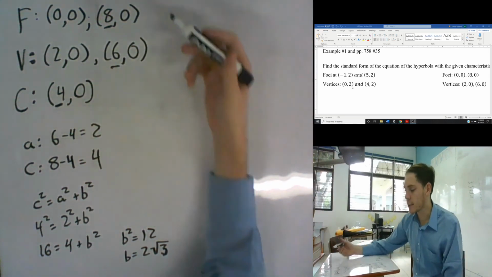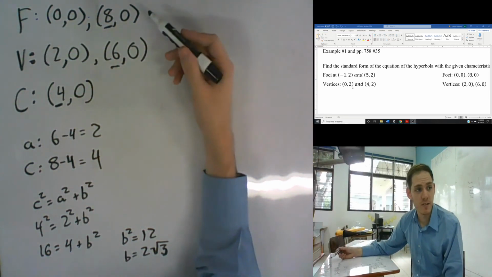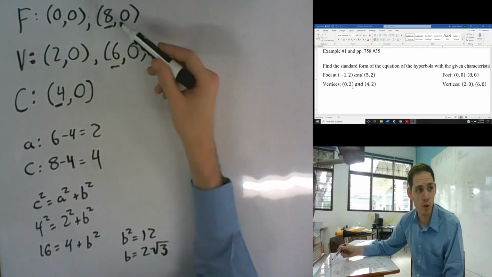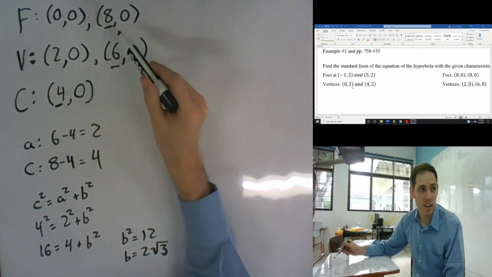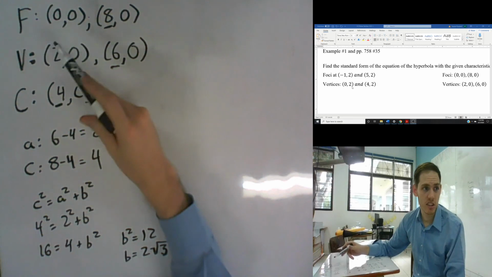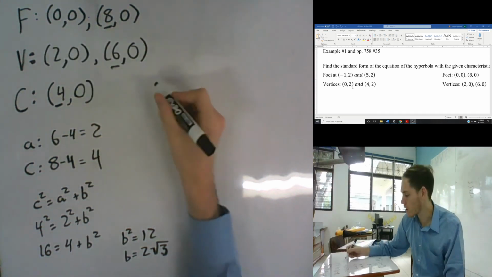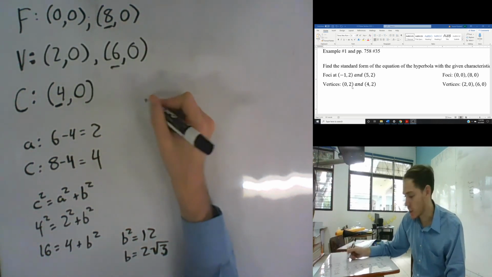Okay? Now again, double checking. Is this vertical or horizontal? Vertical would mean our y changes between our foci, and horizontal would mean our x changes between our foci. Well, our x changes.